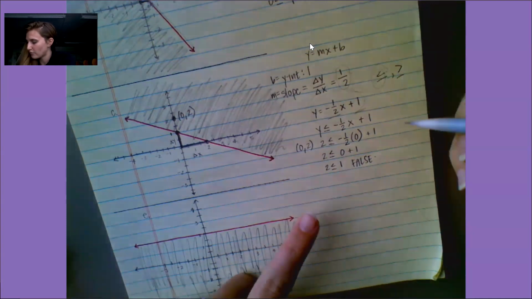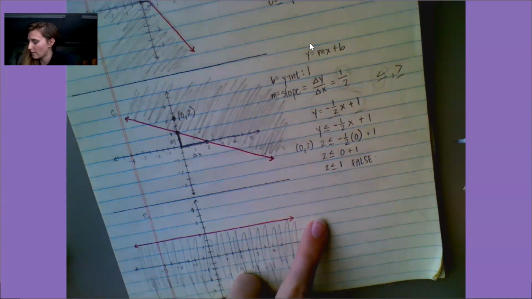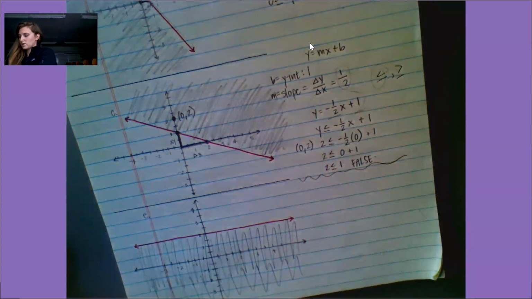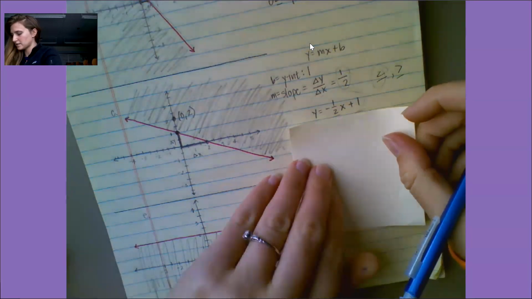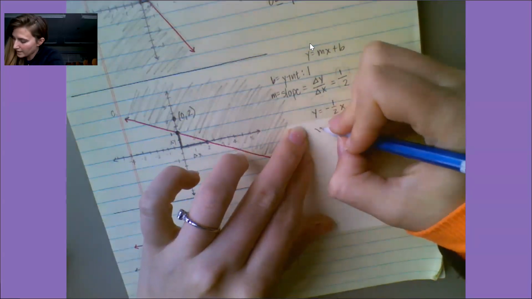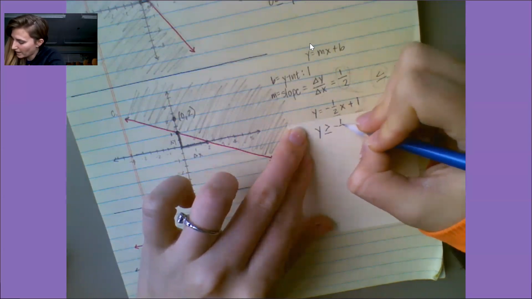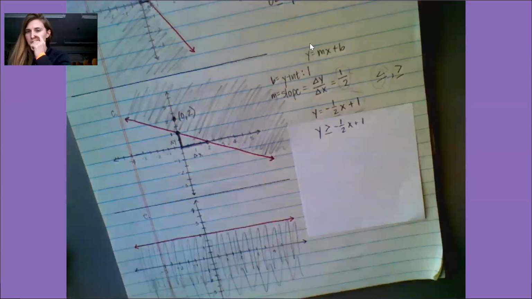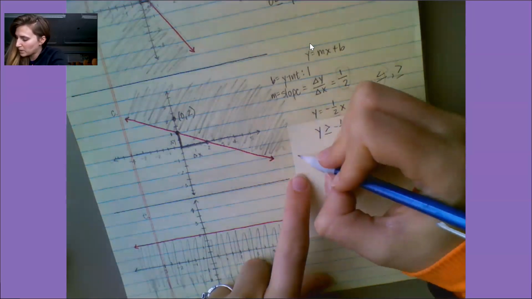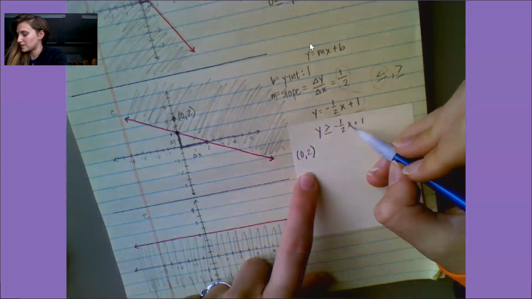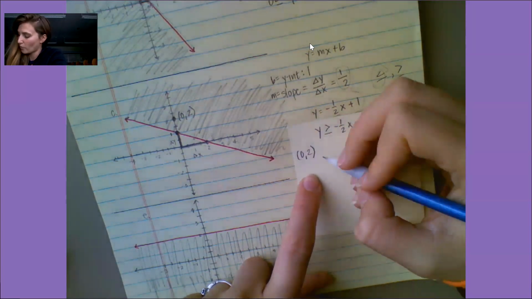So now let's flip the inequality. Let me do it on here. That would give us y is greater than or equal to negative 1/2 x plus 1. And I'm again going to plug in this point 0, 2. 0 gets plugged in for x, 2 gets plugged in for y.